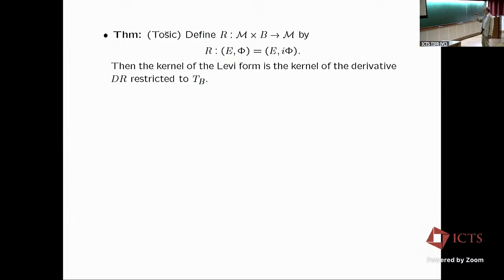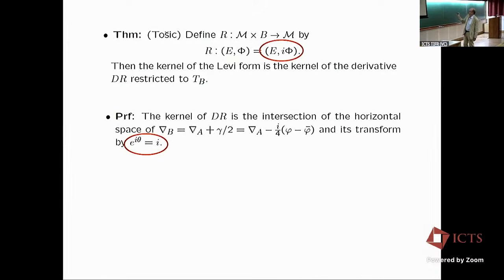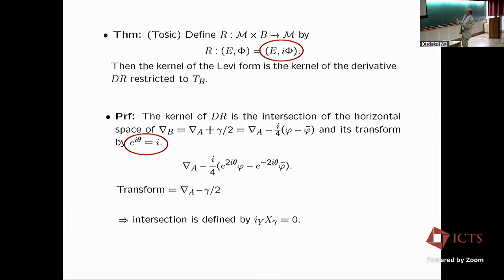That just looked so unusual. It was neat, but I couldn't quite understand why. But it's actually pretty obvious from this. For me, the kernel of this map is the intersection of the horizontal space of the flat connection and its transform by i. But you see the family of connections here involves e to the 2iθ.